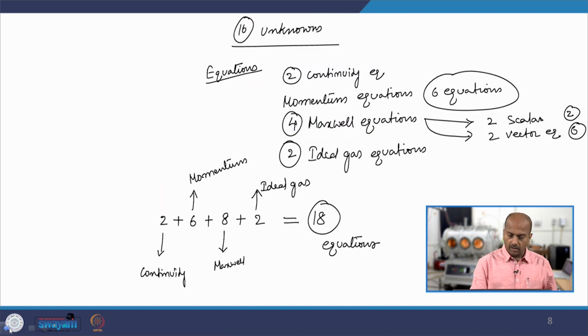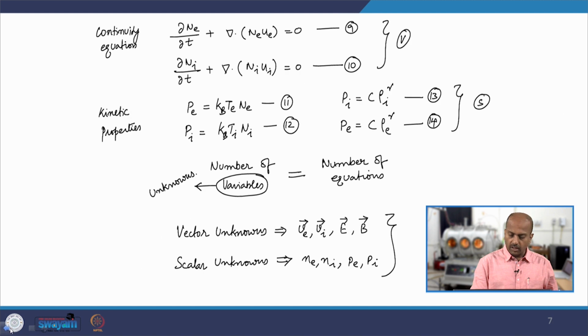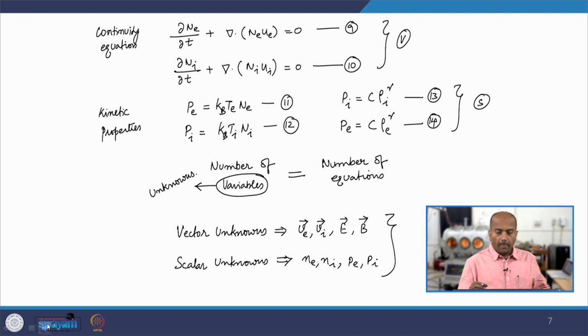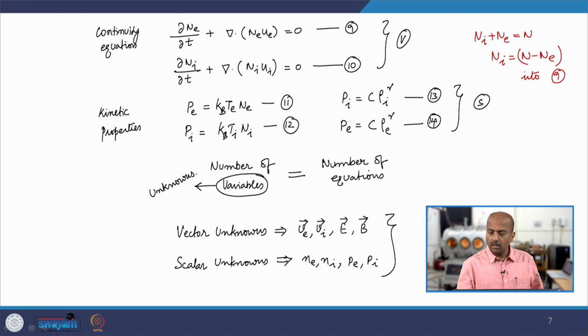Now, if you take this continuity equation, which is this, let us say you take the total number N_i plus N_e as n, and substitute N_i equals n minus N_e into equation number 10.